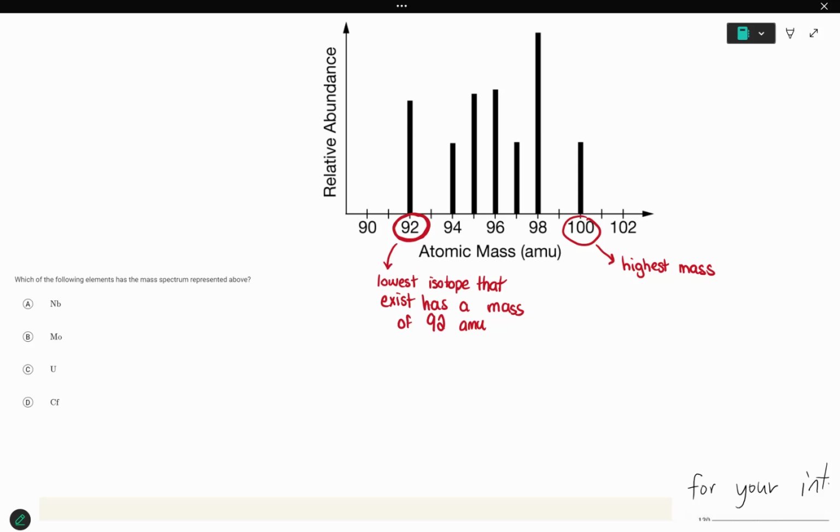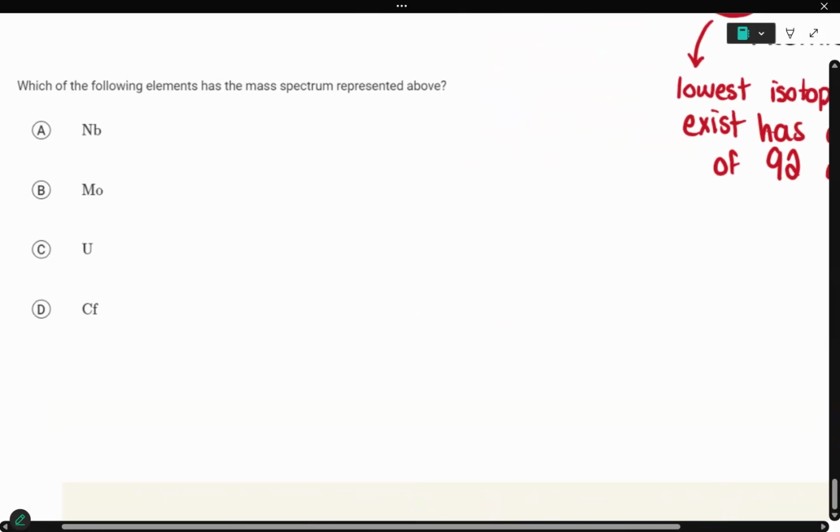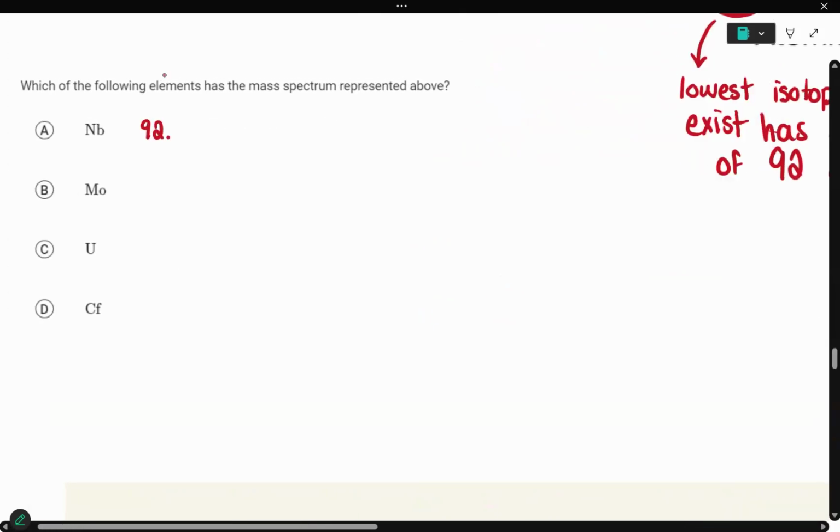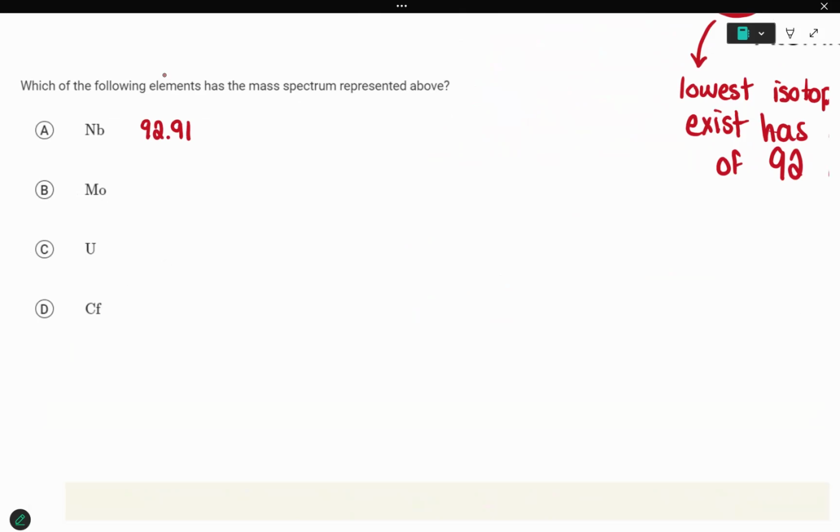You can even write that in there, that's the mass you got from the periodic table. The next one is molybdenum. Can someone take a look and tell me the mass of molybdenum? 95.94.